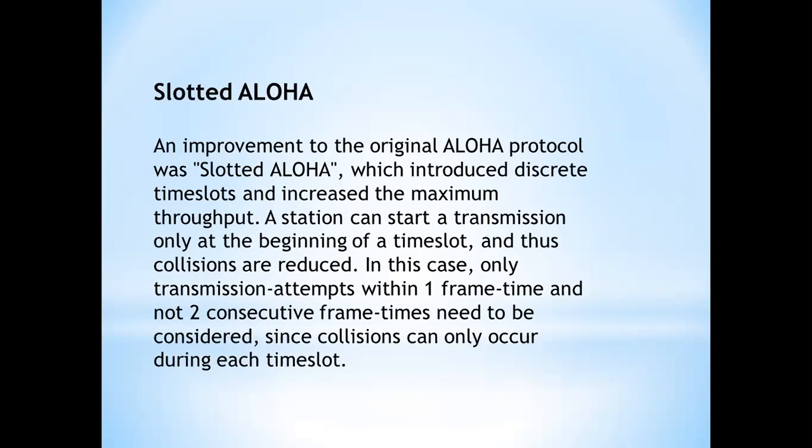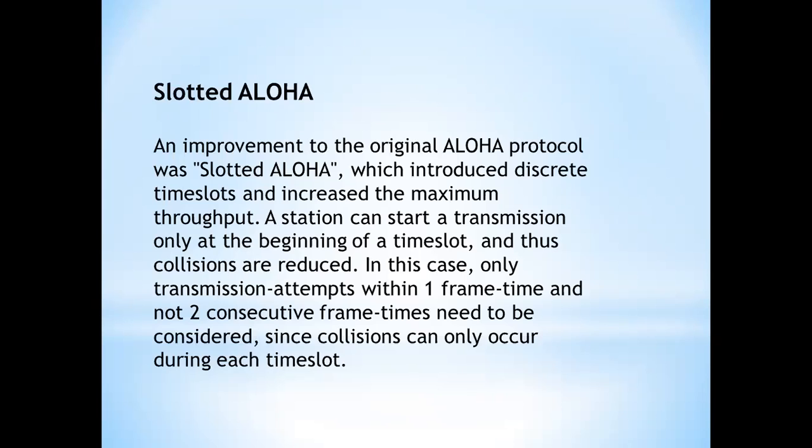As an alternative, in slotted Aloha the time is divided into slots of T units each, and each station is required to begin each transmission at the beginning of a slot. In other words, even if the station is ready to send in the middle of a slot, it must wait until the beginning of the next slot.